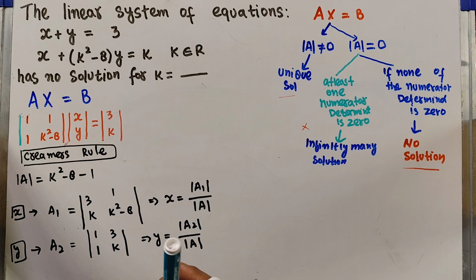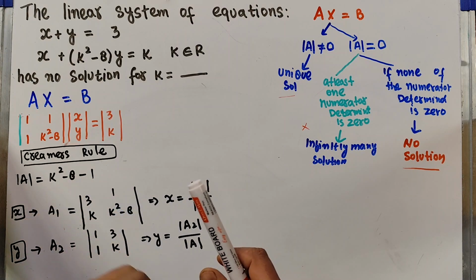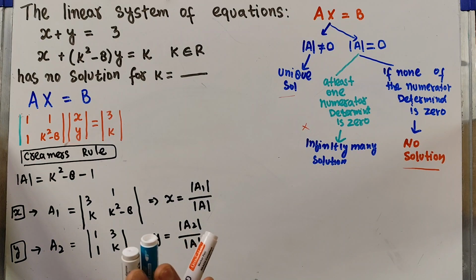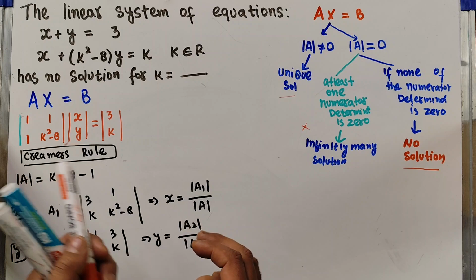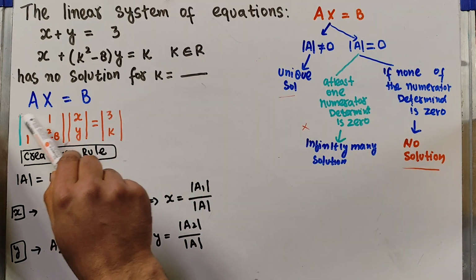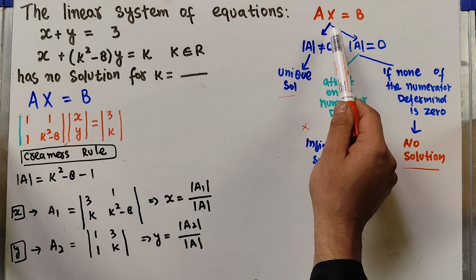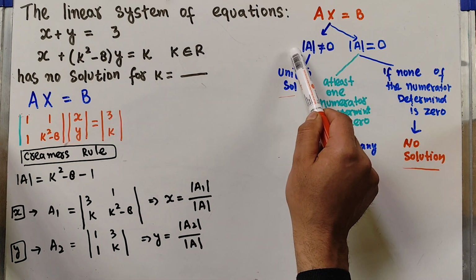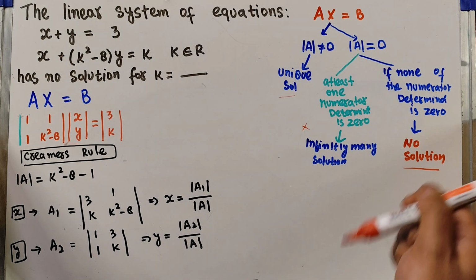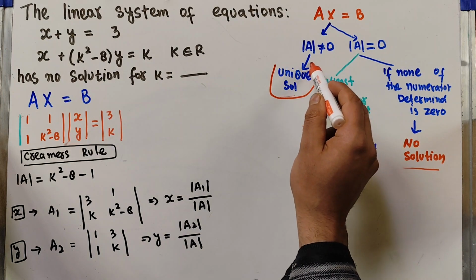Now let us see what the question says and what role the determinant of the coefficient matrix plays. If A x is equal to b, as we have written, and if the determinant of the coefficient matrix is not equal to 0, we have a unique solution.